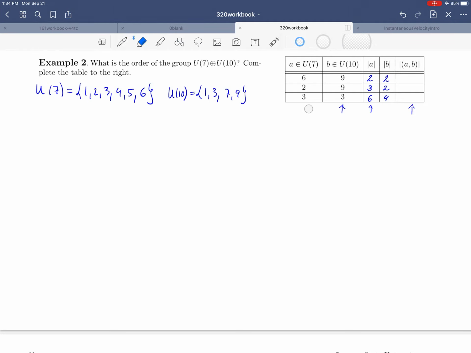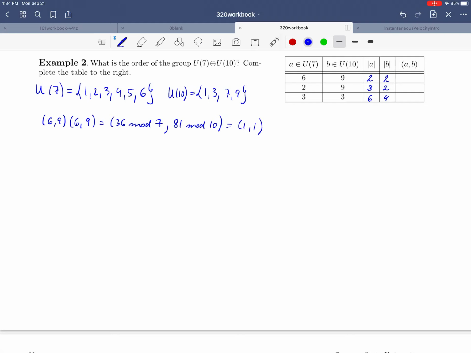So this is something that we already know how to compute. Let me do a little bit of cleanup. Next, we just brute force compute the order of our ordered pairs. So 6, 9, what's the order? Well, let's multiply it by itself. That is 36 mod 7, since the first computation happens in U7, and then 9 times 9, that's 81, but we are going mod 10. And that is 1, 1.